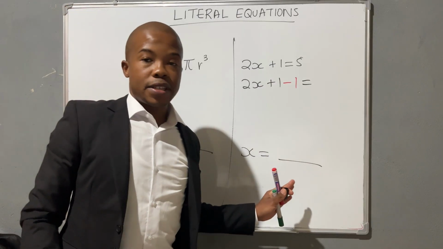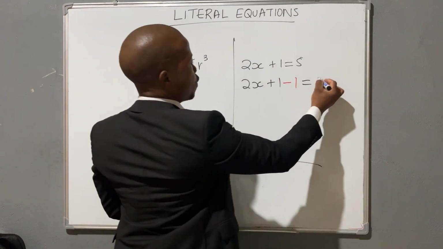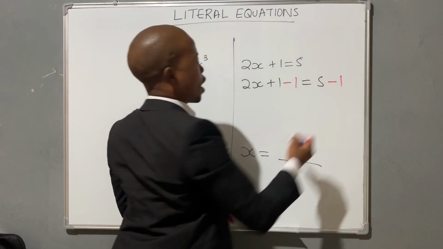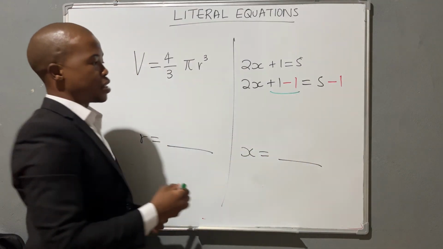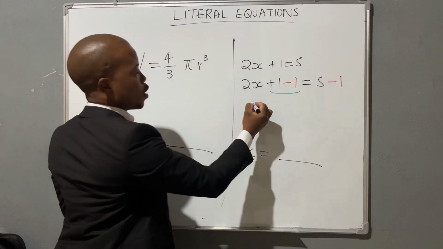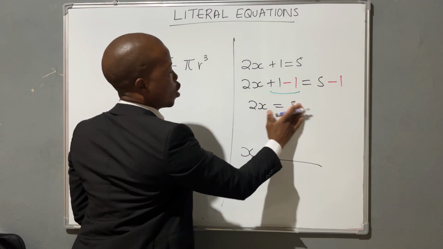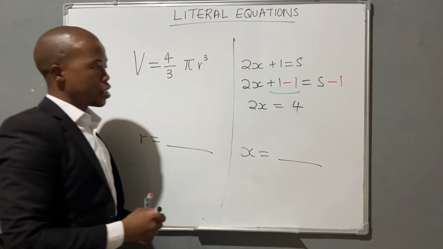What you do on the left hand side, you also do on the right hand side. So you'd say 5 and then also minus 1, right? So that this part can now become 0. So you're now going to have 2x equals 5 minus 1, which is going to give us 4, right?